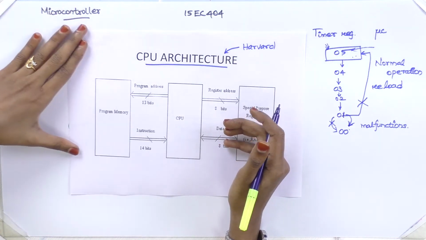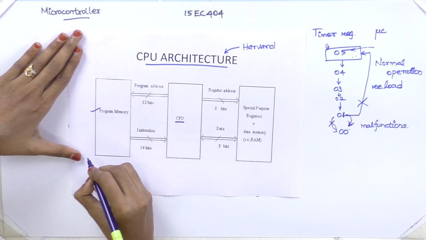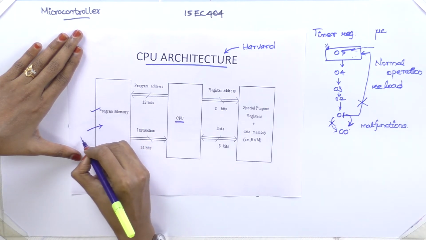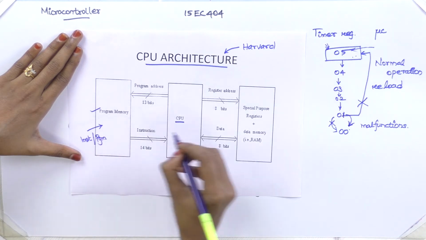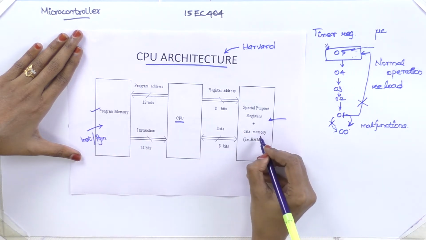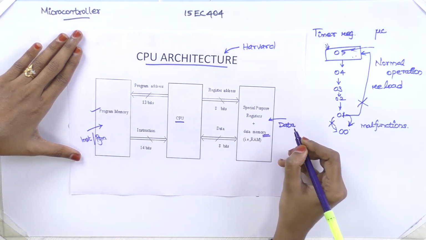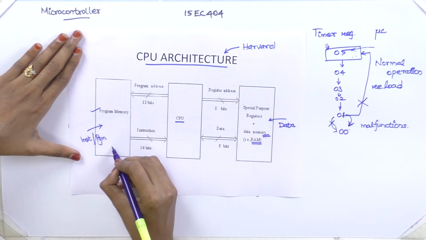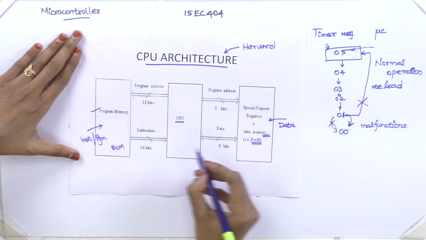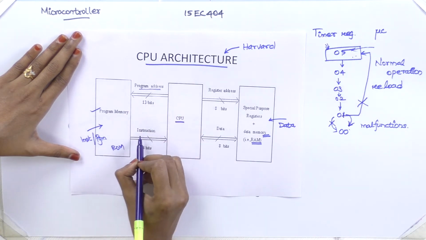Fine. So here you have your processing unit, your program memory where you will store your instructions or program, and your data memory where you will store your data. This data memory is RAM and the program memory is actually ROM. We have separate address lines and data lines.